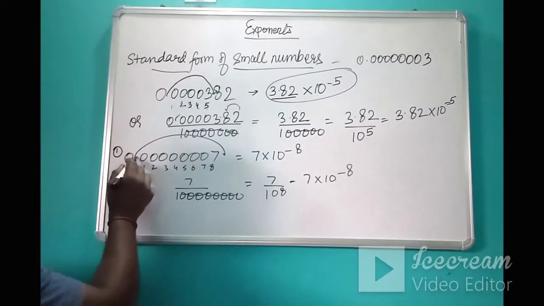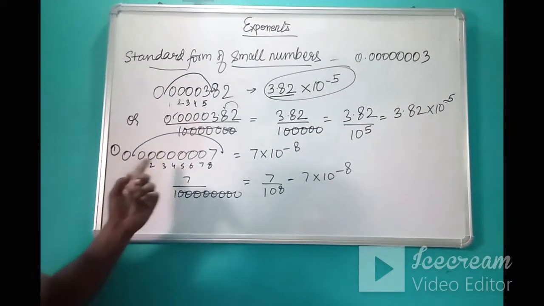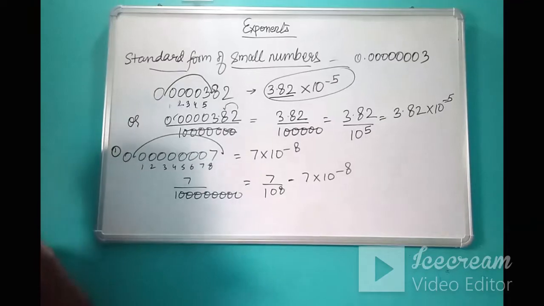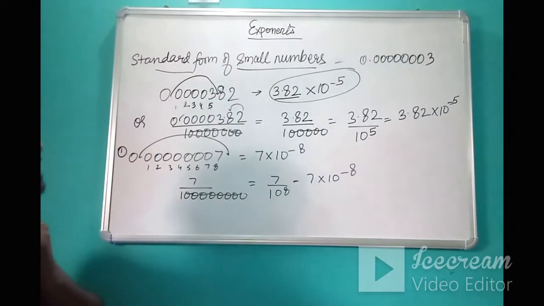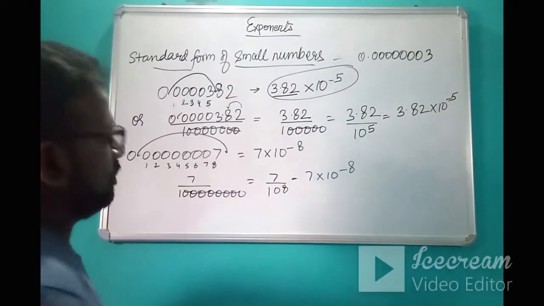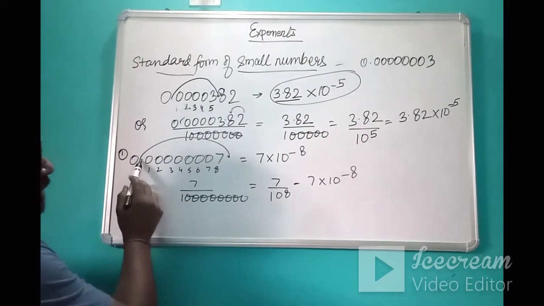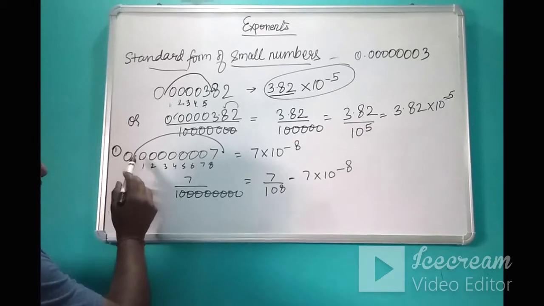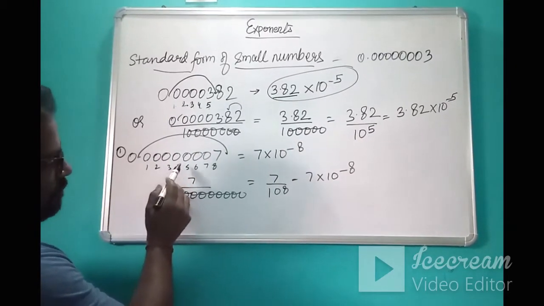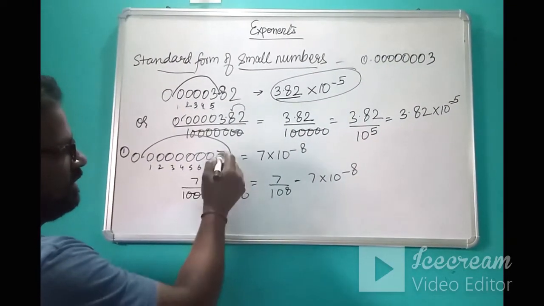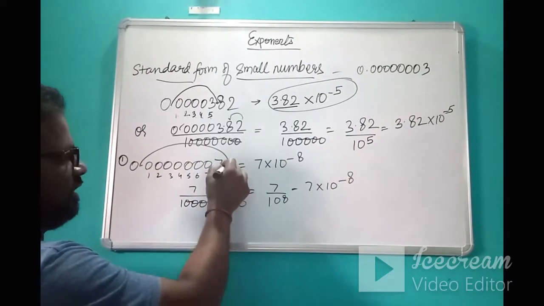One more example in case you did not understand. Suppose a very small number is there, there are 7 zeros and then 7. Now we have to write this in the standard form. So how will we write? Again you will start counting just after the decimal, 1, 2, 3, 4, 5, 6, 7, 8, and you will bring the decimal here.